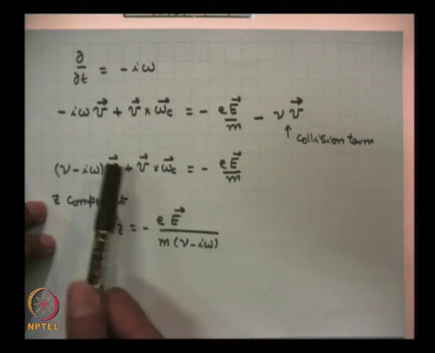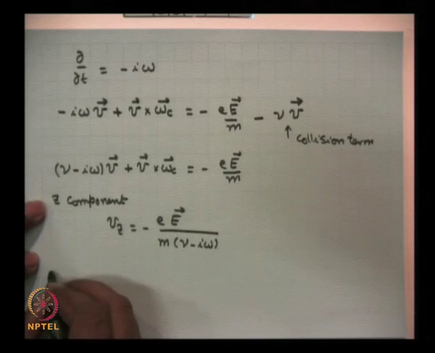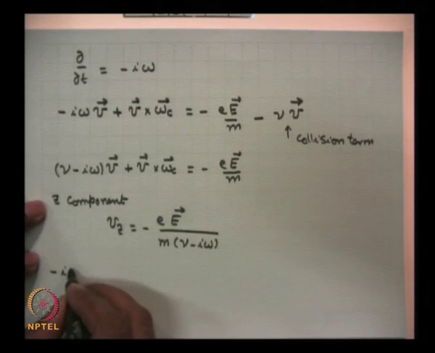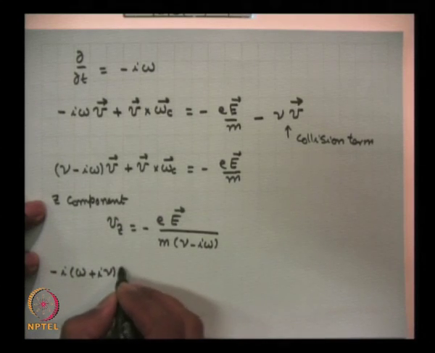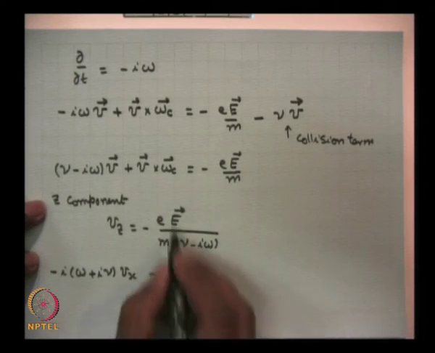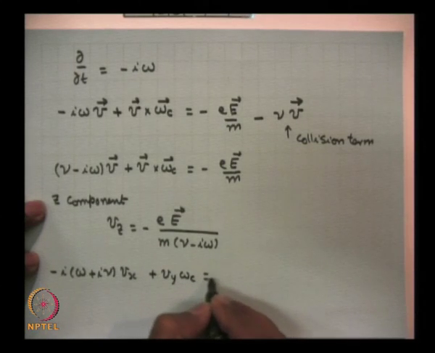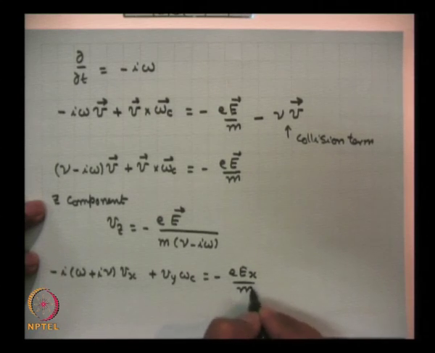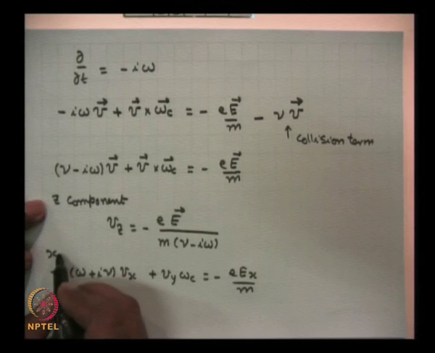Then I write down the x component of this equation: minus I, actually take minus I out, (omega plus I nu) inside into Vx, plus Vy omega c is equal to minus Ex upon m. This is my x component of this equation.